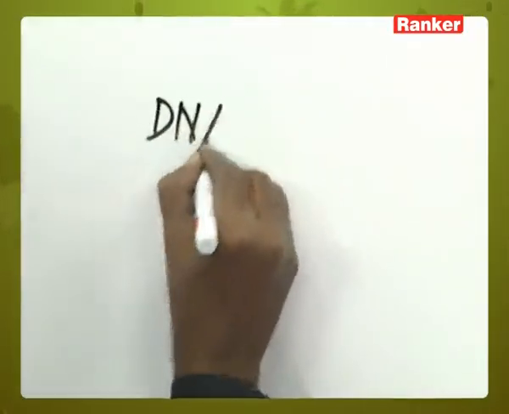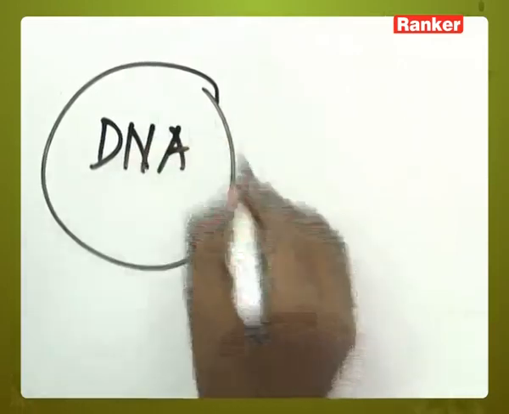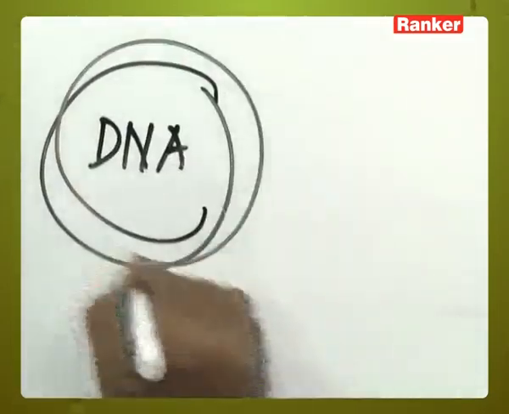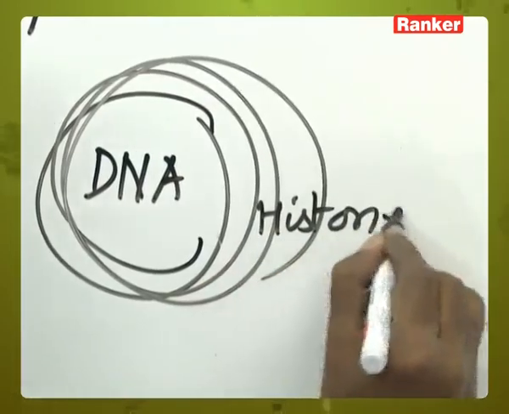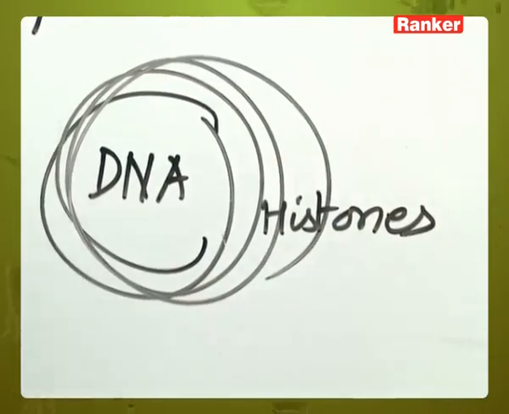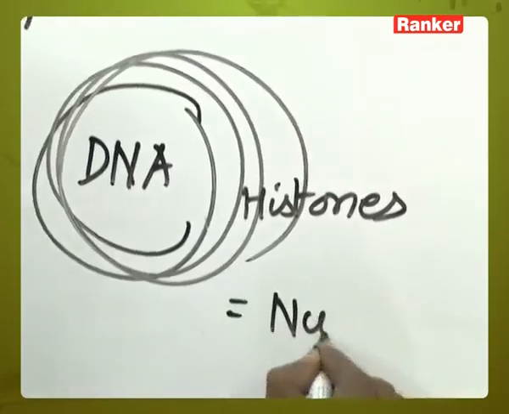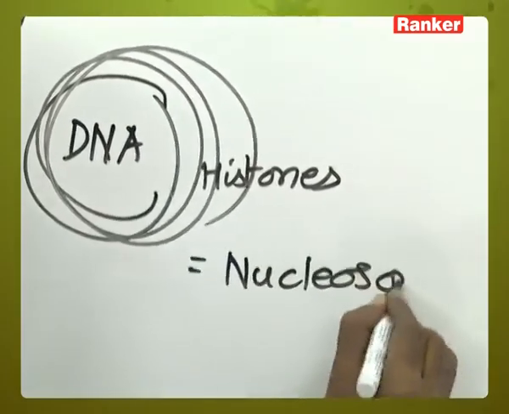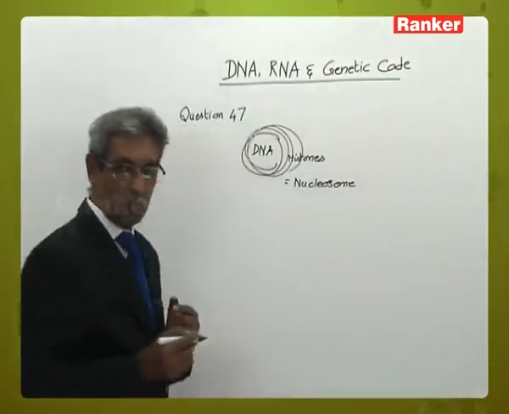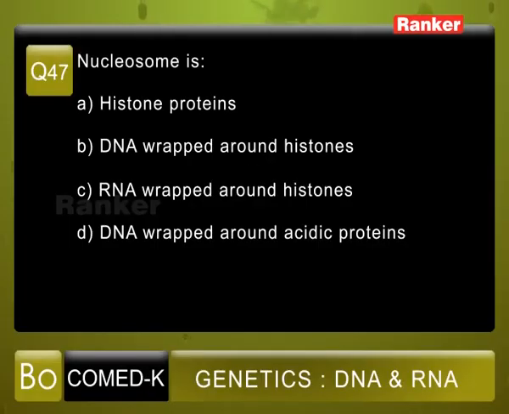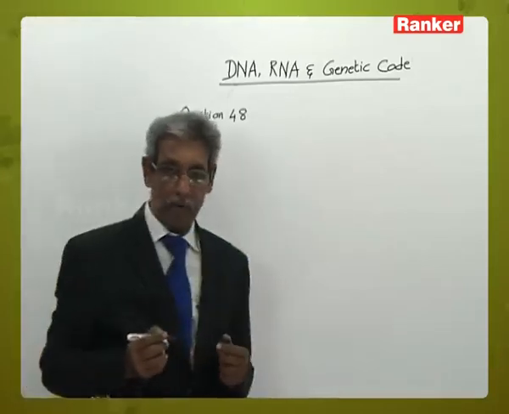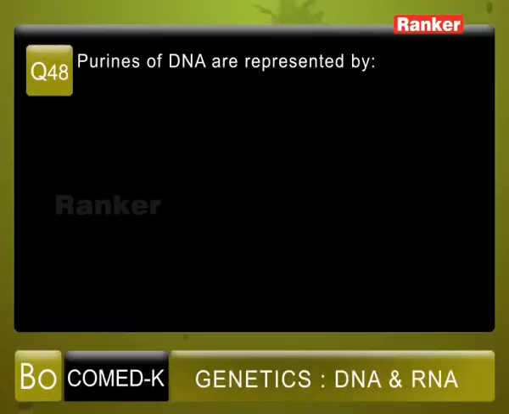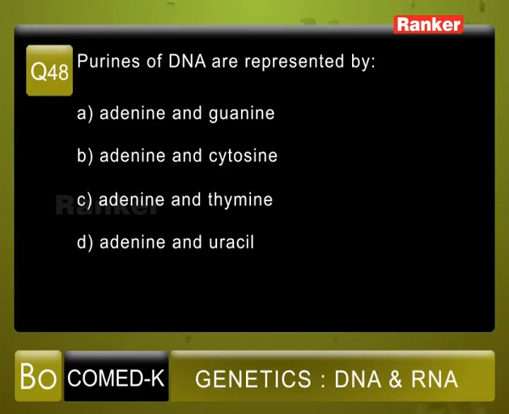DNA which is bound along histones, wrapped around histones, is primarily termed as a nucleosome. When you take the fine structure of the chromosome, hence the right answer is B. We go to question number 48. Purines of the DNA are represented by adenine and guanine.